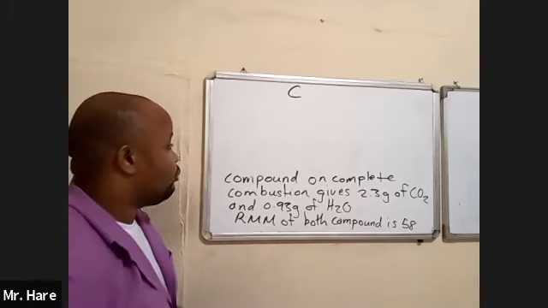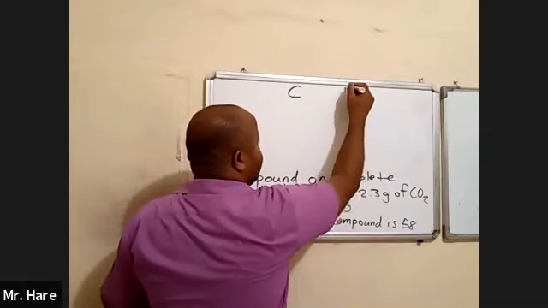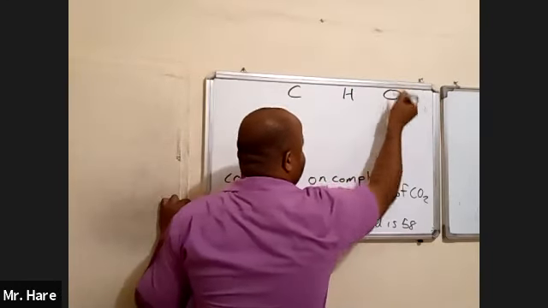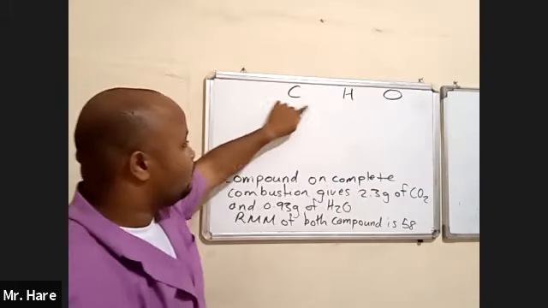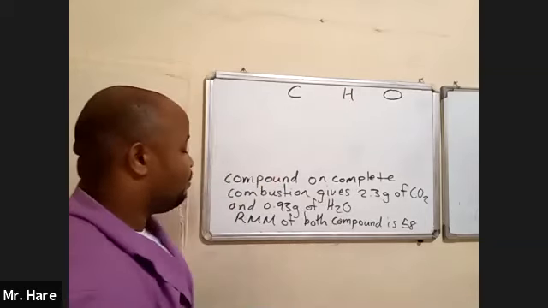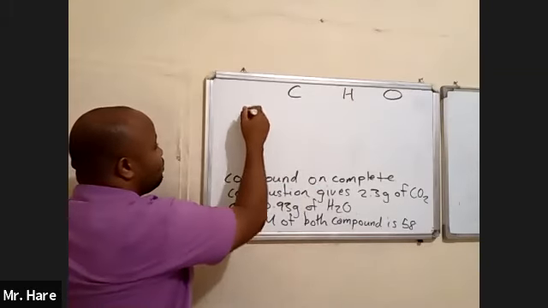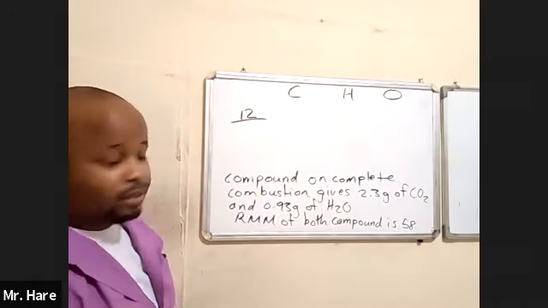Carbon, hydrogen, and oxygen, right? So to do this, we need the mass of carbon, hydrogen, and oxygen. We are going to get the mass of carbon from CO2, the mass of hydrogen from water.